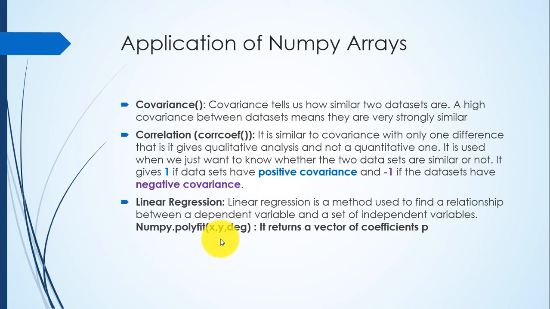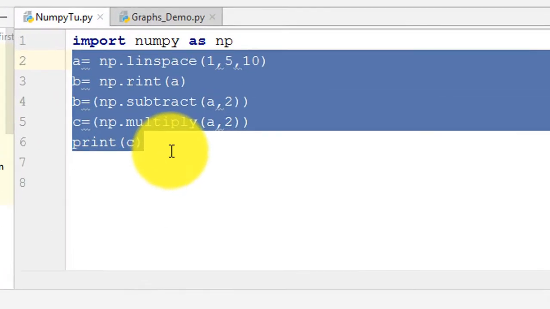For a known value of x, what will be the value of y? So basically linear regression will tell you the dependency of x in relation to y or y in relation to x. So let us see how these can be done.